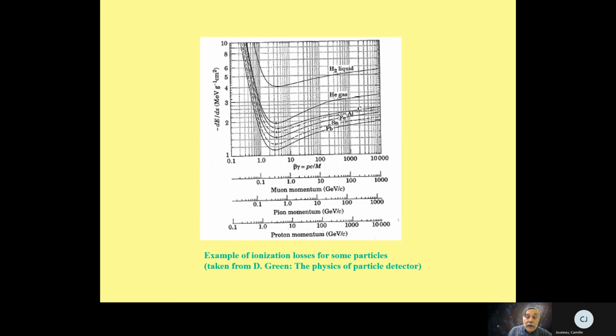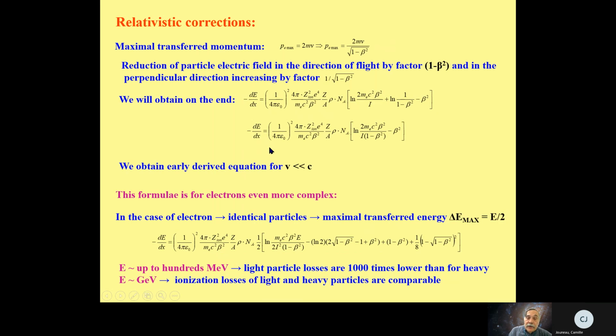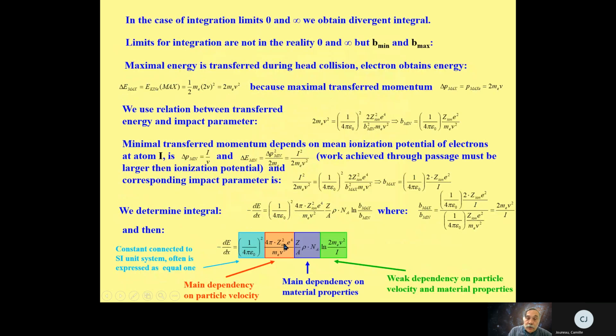But for some value, because velocity starts to be near to 1, we will obtain a minimum. After that, the logarithm of v square starts to have a big influence. Here, increasing velocity will increase the ionization losses.